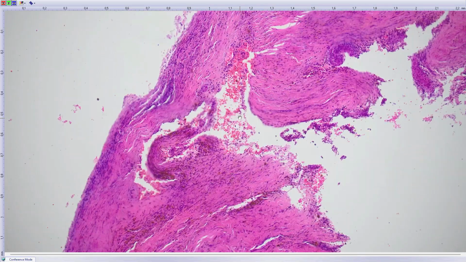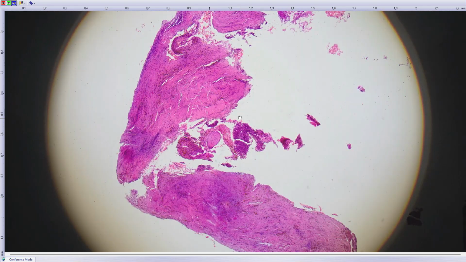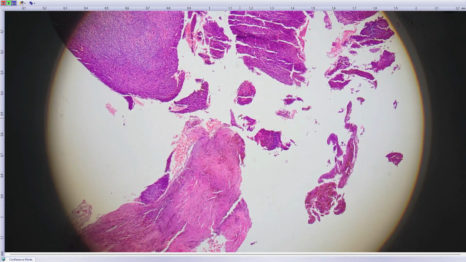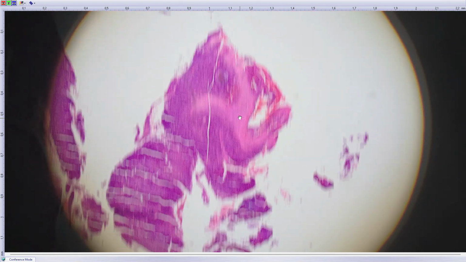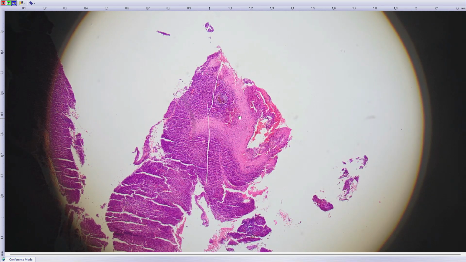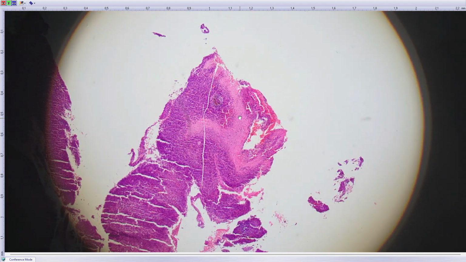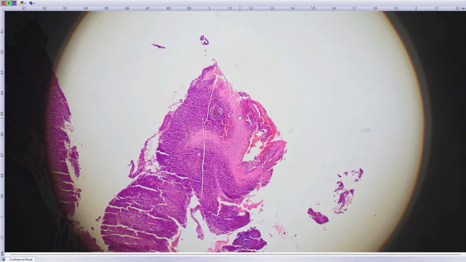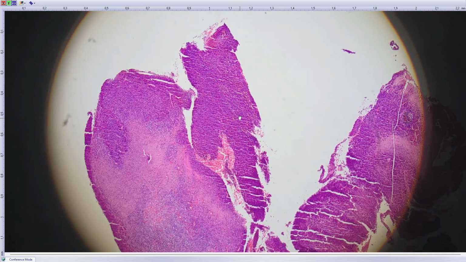You can see a lot of blood here, so it's more likely to be hemosiderin. Also, the lesion was negative for all melanocytic markers, I can tell you right away. So this is most likely hemosiderin, and the cystic appearance is most likely due to these large blood-filled spaces.